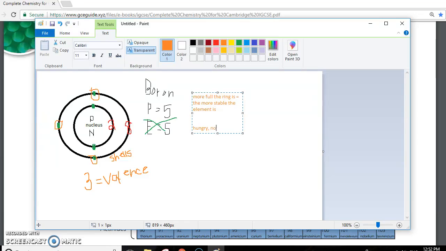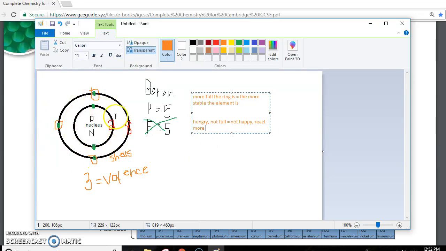When you're hungry, you're not full, and you tend to be hangry. If you've ever heard about that, hangry. You're not happy. So you tend to react more to things. You tend to get mad easily, things like that, because you're not full.